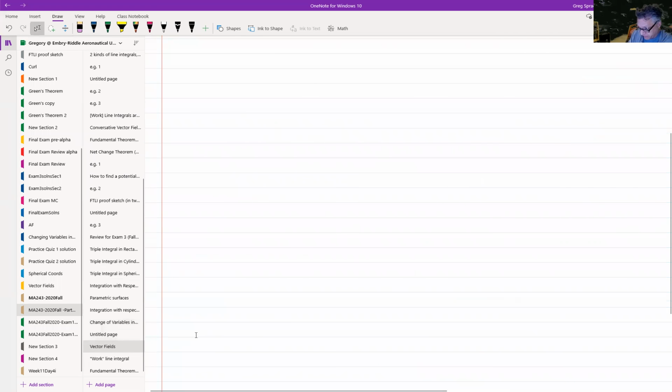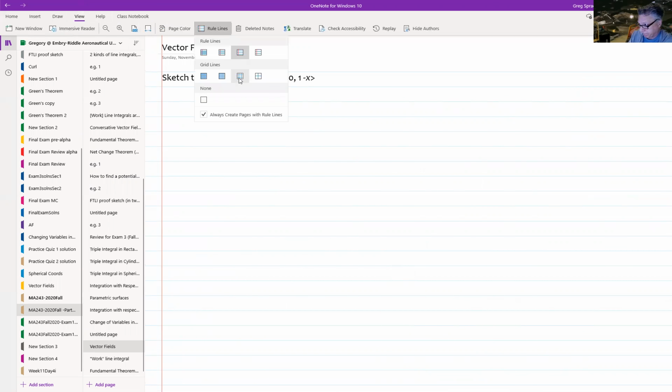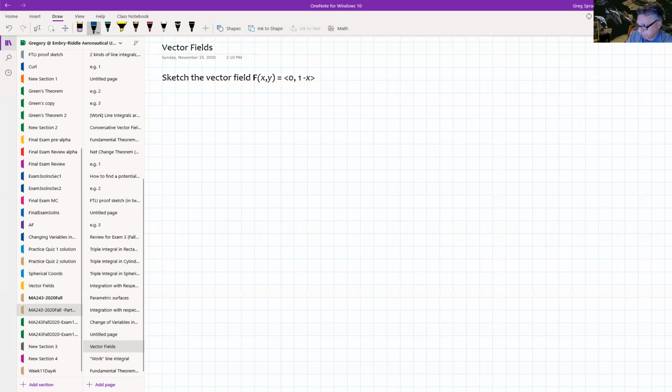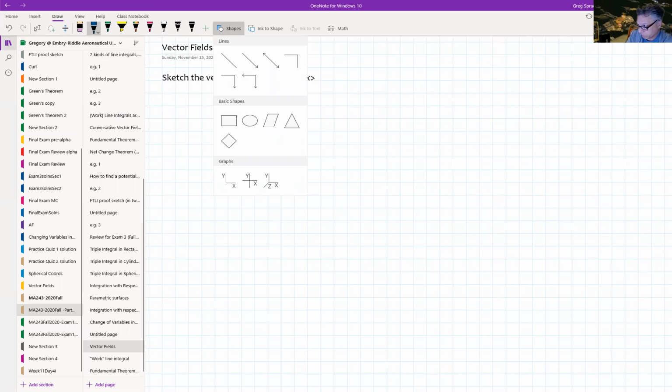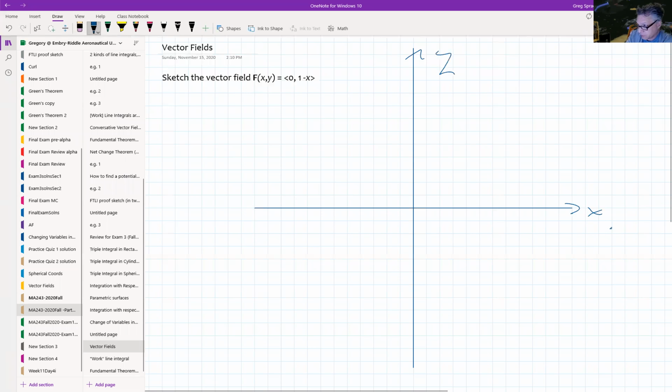Next, I'll sketch a vector field. The vector field is <0, 1 minus x>. I should write scale. I use one grid line as 1 unit. Let's see. If x is 1, then we get the 0 vector.